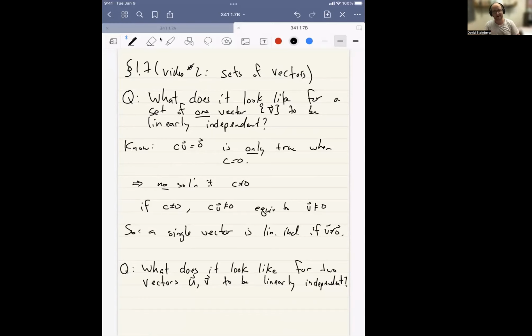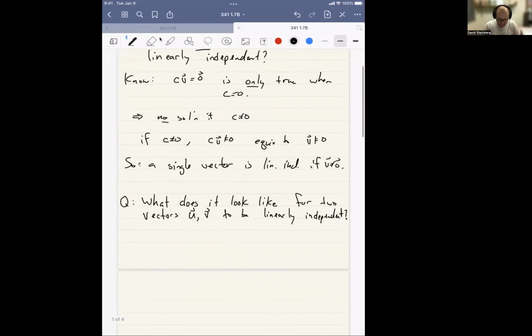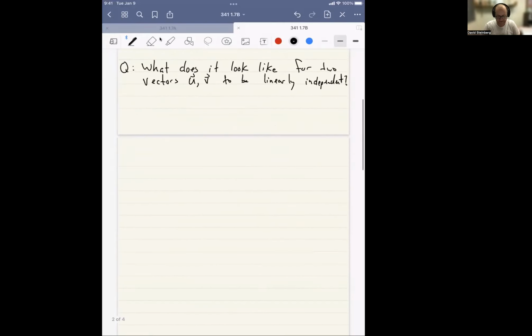Let's do the next hardest version of this. What does it look like if we've got a pair of vectors u and v to be linearly independent? So let's assume the set u and v is linearly independent.